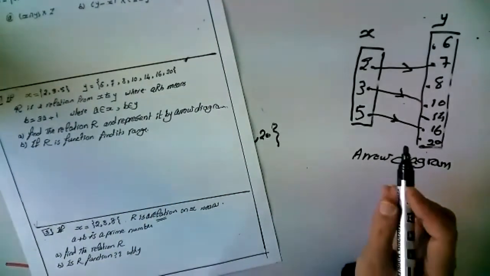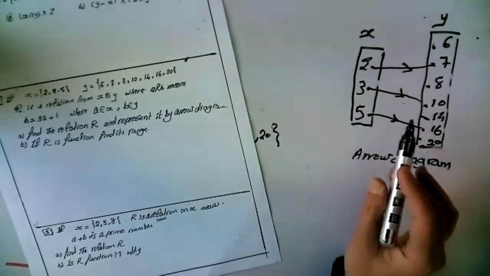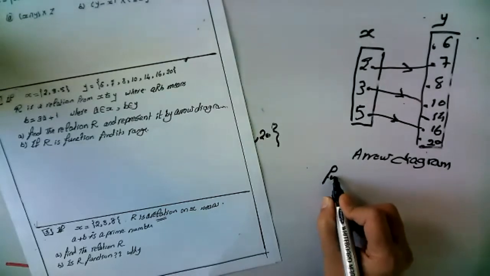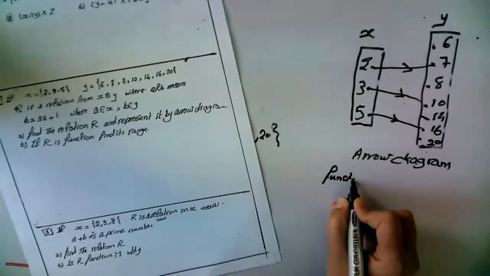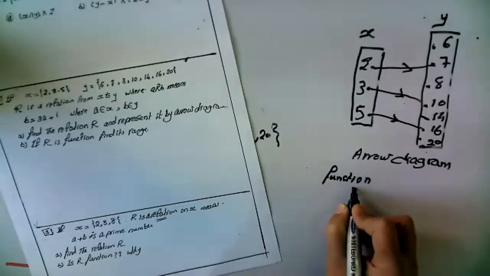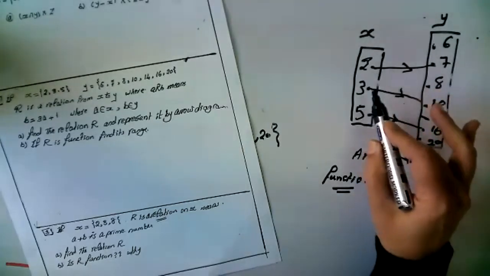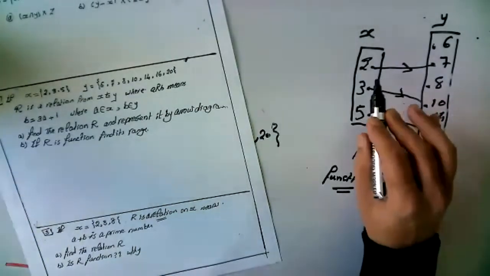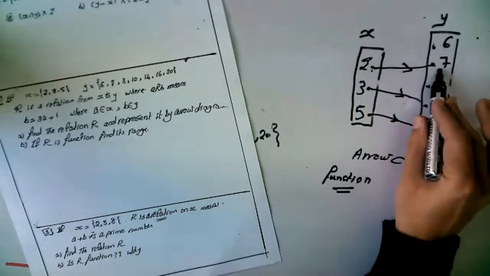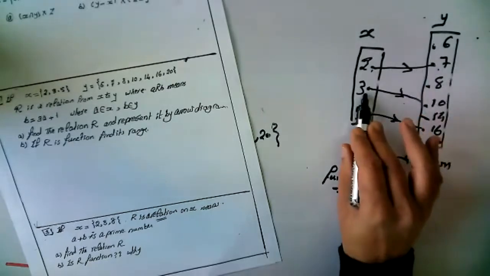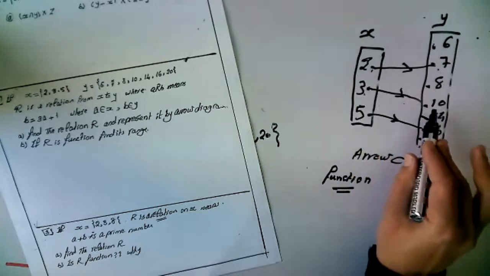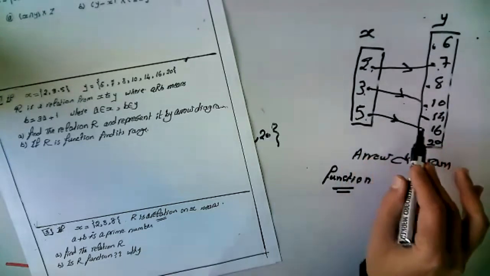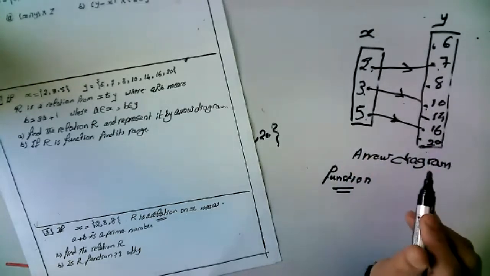You know that the relation between the elements of the set x and y is said to be a function if every element in the set x has only one image in y. 2 has only one image, which is 7. 3 has only one image, which is 10. 5 has only one image, which is 16.